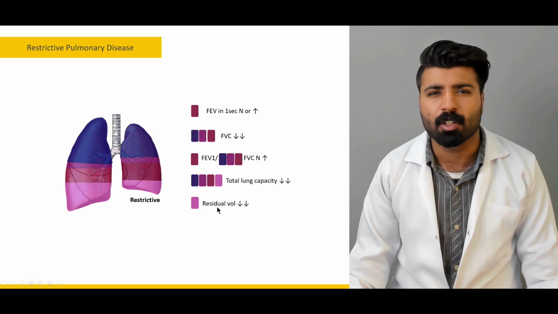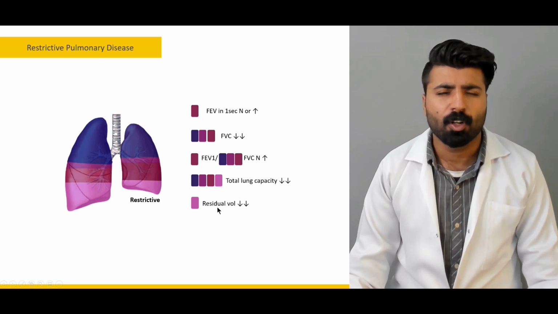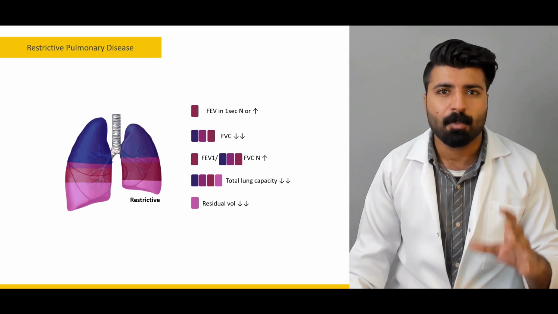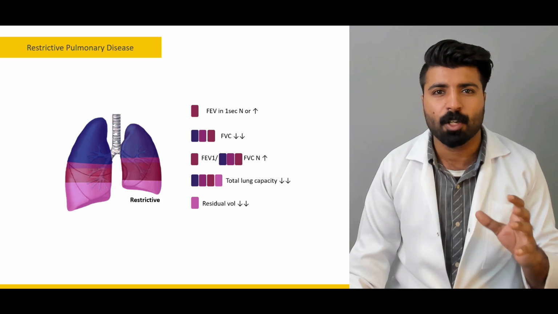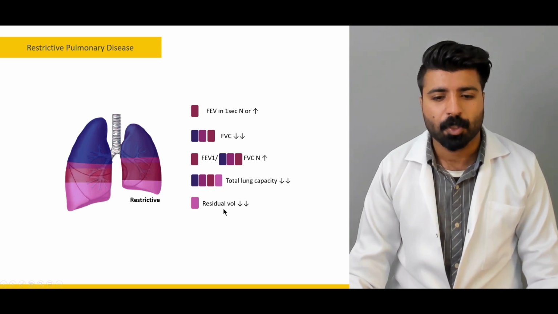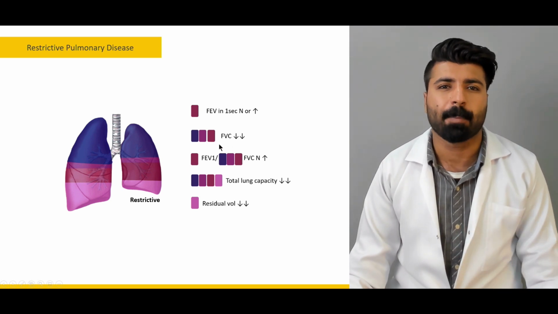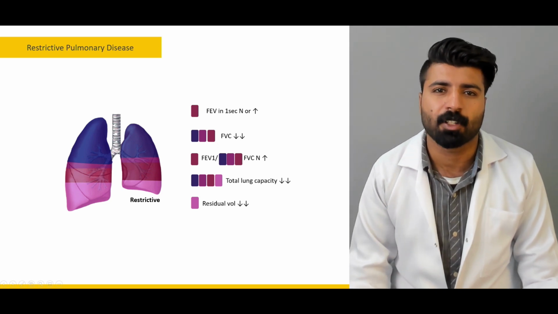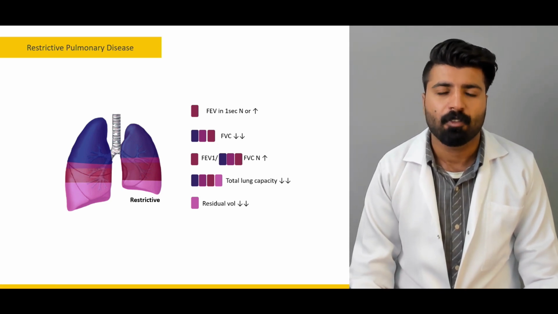What will happen to residual volume? Residual volume will definitely decrease because you're not taking enough air for the basic amount of residual volume to be there. So it will decrease. What will happen to FVC, forced vital capacity, the amount of air that you can blow with forced expiration? It will decrease. Why?